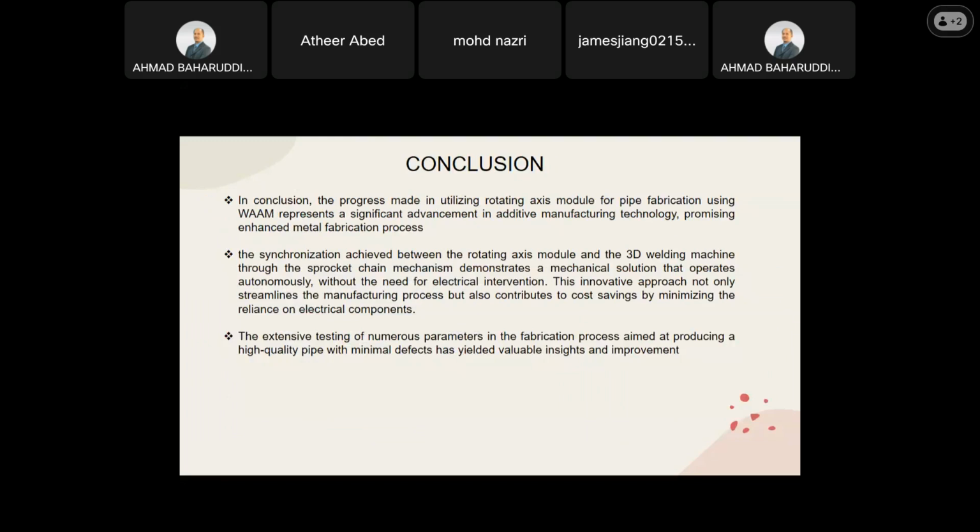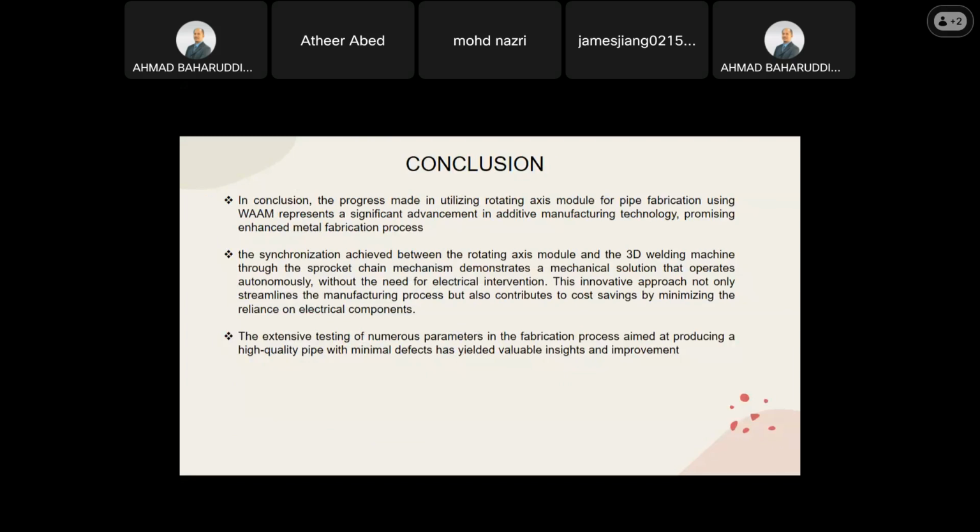In conclusion, the progress made in utilizing the rotating axis module for pipe fabrication using WAAM represents a significant advancement in additive manufacturing technology, promising an enhanced metal fabrication process. The synchronization achieved between the rotating axis module and the 3D welding machine through the sprocket chain mechanism demonstrates a mechanical solution that operates autonomously without the need for electrical intervention.